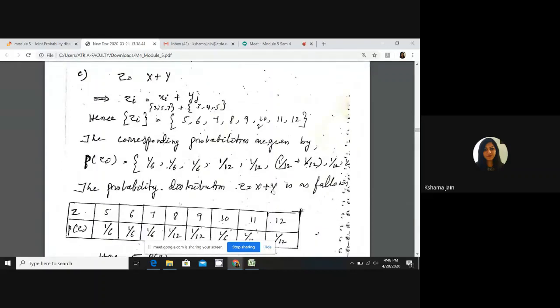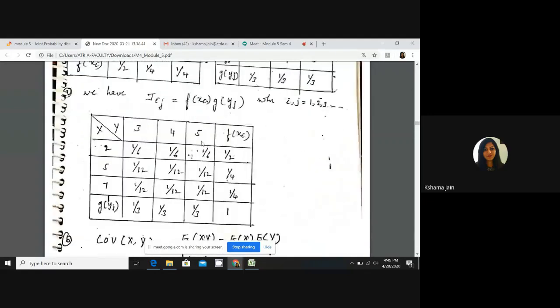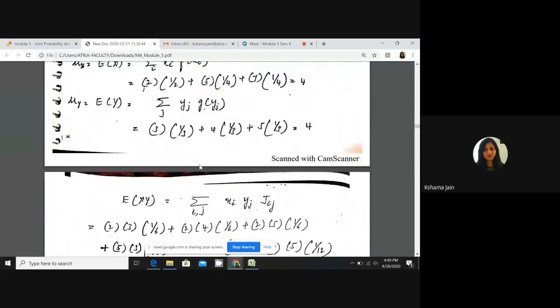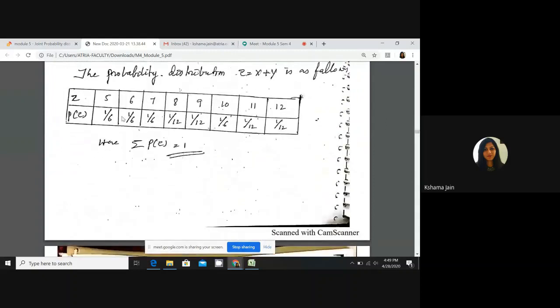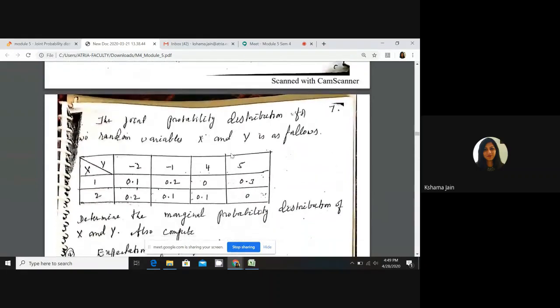That's it. This is the joint probability distribution we were having. If you see, they have written it in the same table, all the terms together. And if you add them all, it should come equal to 1 only. This is our must condition.